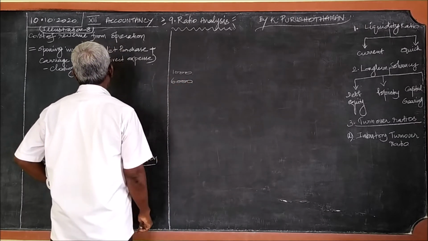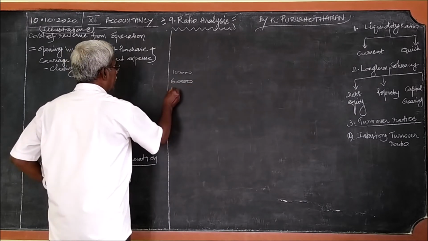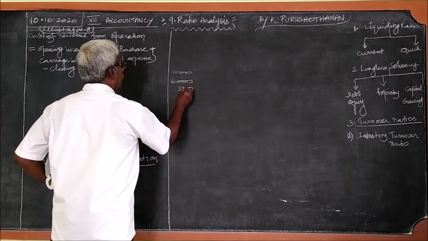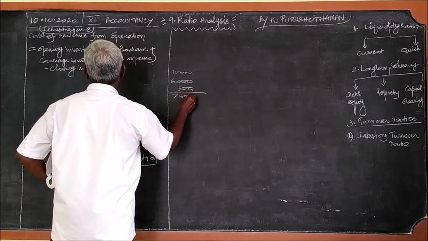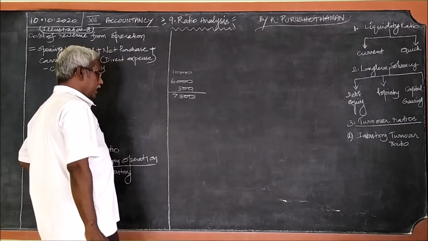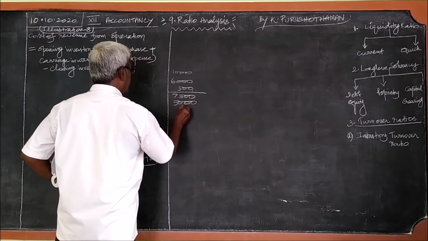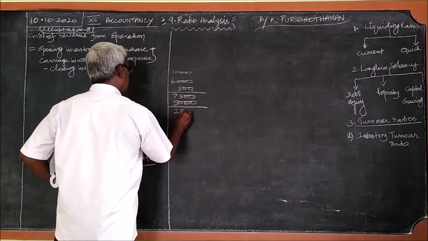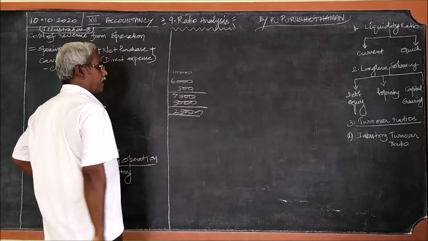Stock 7,000. Then the expenses to bring it, some 500 rupees. So the total amount spent is 7,500. But at the year end, 5,000 stock is available. Therefore, how much excess did we get? 2,500. This is the income from this business.